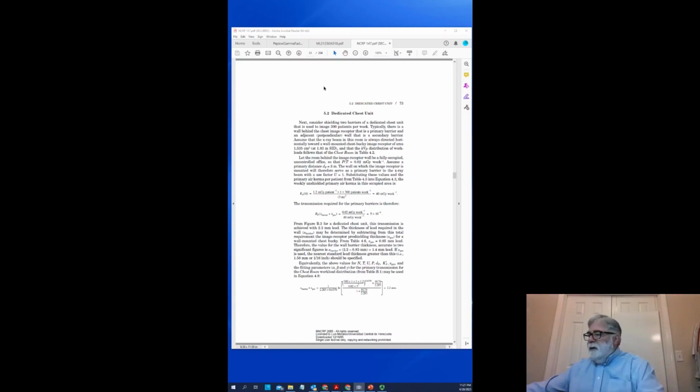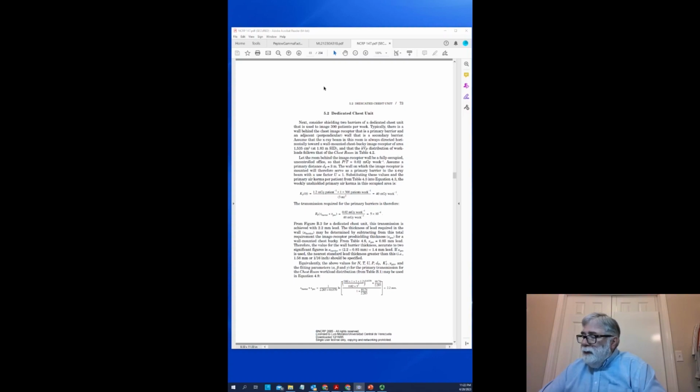What we have here is a small x-ray room. Chest x-rays. And so a patient comes in, stands in front of the wall cassette, x-ray stops behind the barrier, takes the x-ray, patient leaves. And so the distance from the x-ray tube to the point we're interested in, 30 centimeters beyond the barrier, is 3 meters.